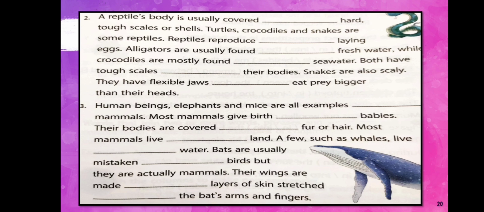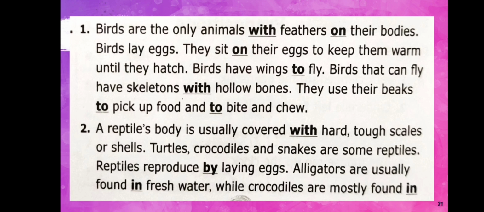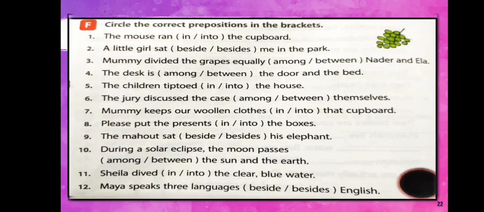Snakes are also scaly. They have flexible jaws to eat prey bigger than their heads. Now let's check the answers. The third one you can do on your own and check the answers.